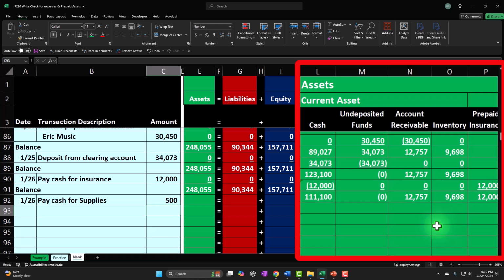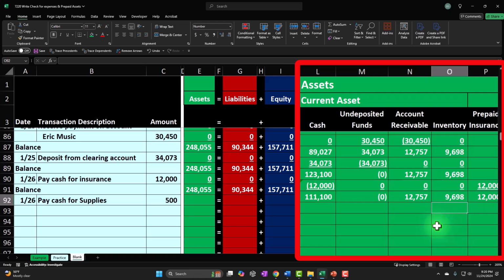Now, notice in theory that if the supplies are going to last more than a month or a year, we should put them on the books as an asset and then expense the supplies as we consume them. But that takes more work, right? That's going to be more tedious to do. So it really depends on the industry that we're in as to whether we're going to put the supplies on the books as an asset or an expense.